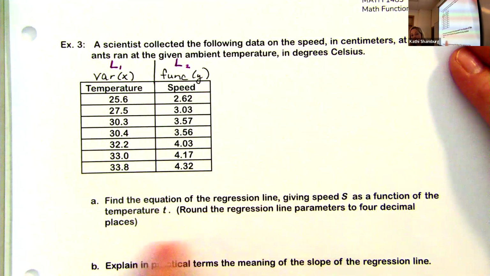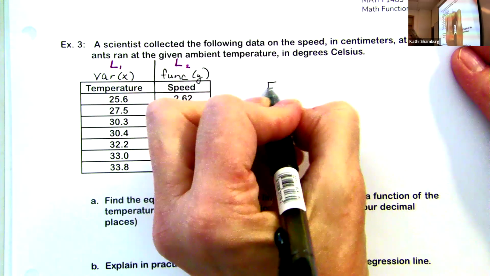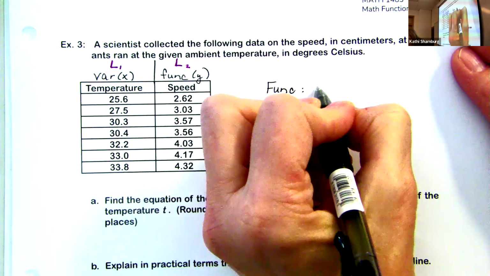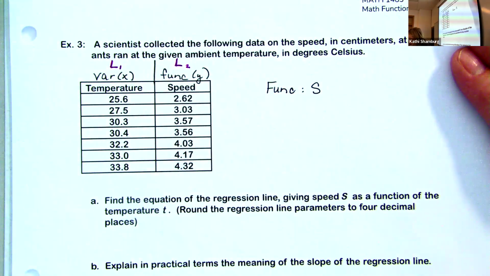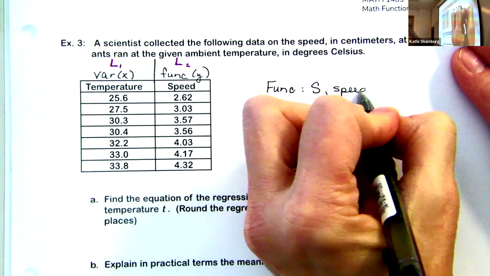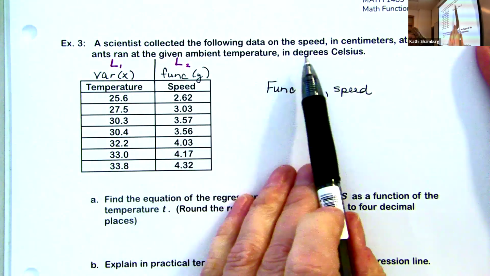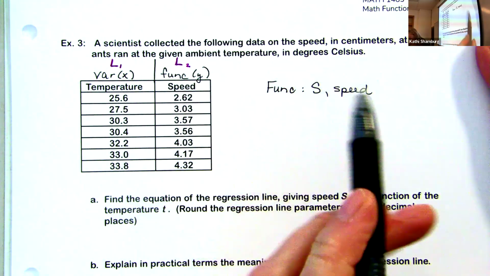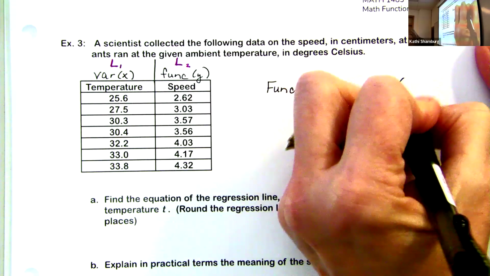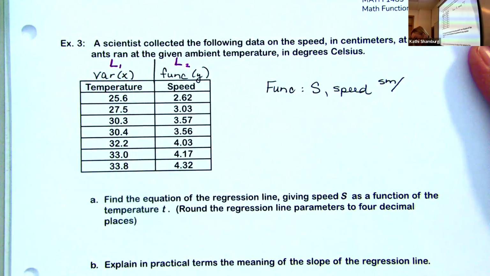All right, so once we establish that, it's very easy to determine then the function is speed. So I'm going to call that S. And it said that the speed is centimeters per something. See if it tells.